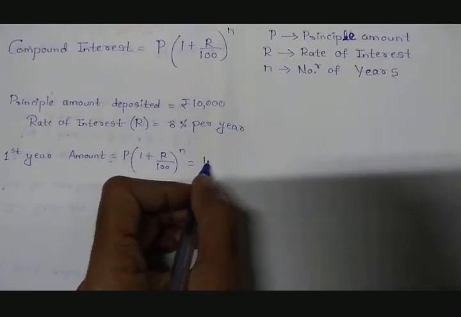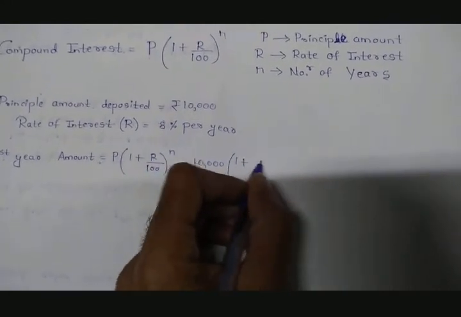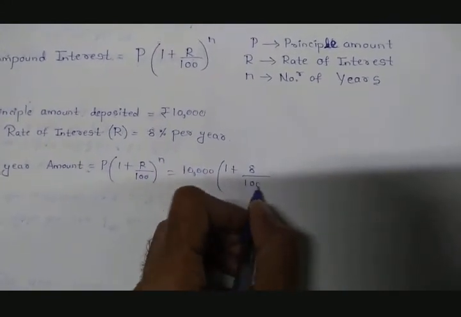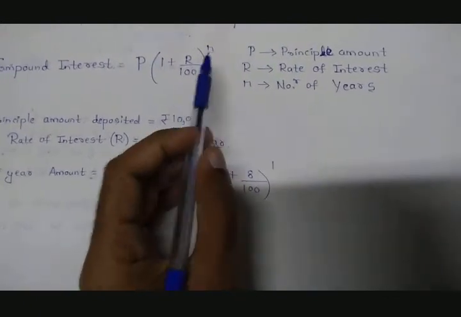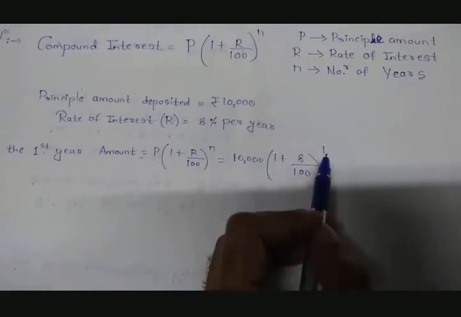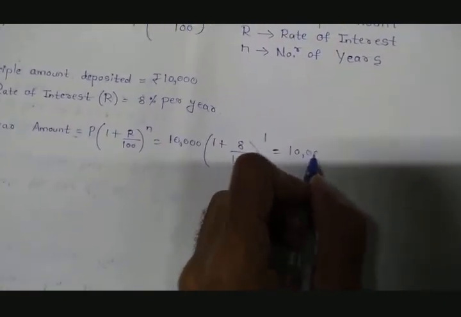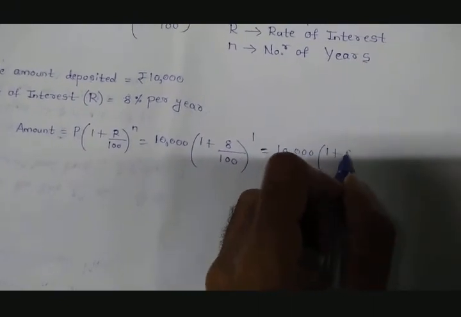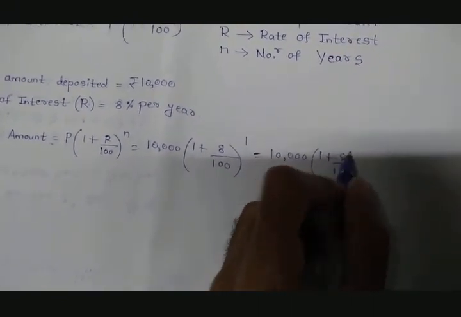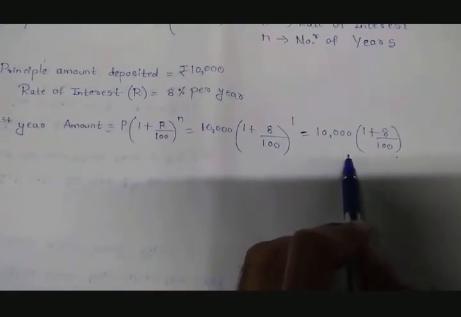The principal amount is 10,000 into 1 plus 8 divided by 100 whole raised to 1. Why? Because we are just calculating for the first year, hence n equals 1. So this becomes 10,000 into 1 plus 8 divided by 100. This is for the first year.